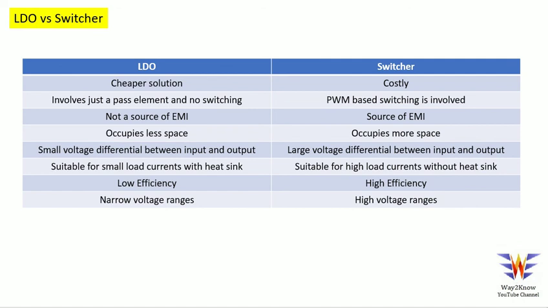These days switchers are available with more than 97% efficiency. Even with 90% efficiency at medium load currents, I think it's a suitable switcher. Considering battery-operated environments, we have to use higher efficiency switchers. So that's another point of discussion.